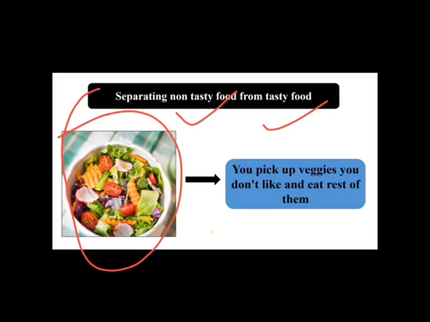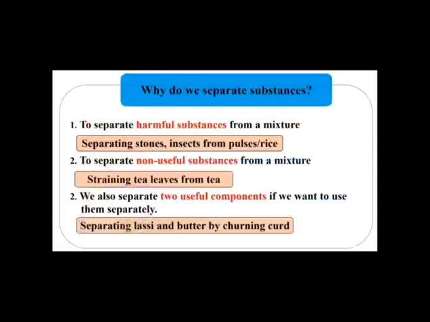There are so many methods of separation, and there are so many reasons for which separation is done. So let's discuss those reasons. Now the topic is, why do we separate substances?